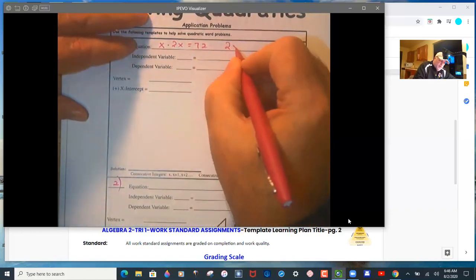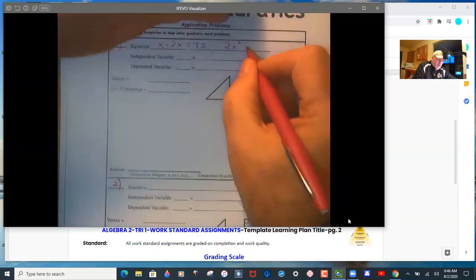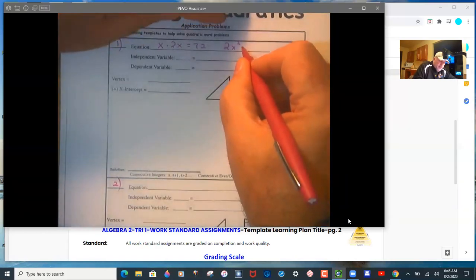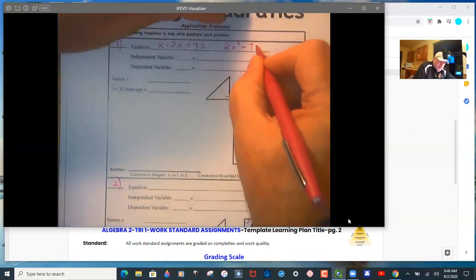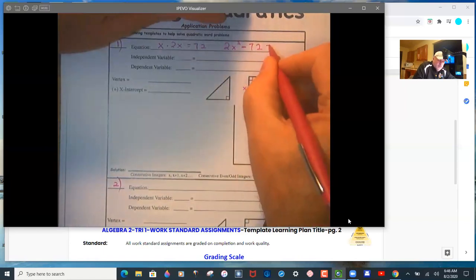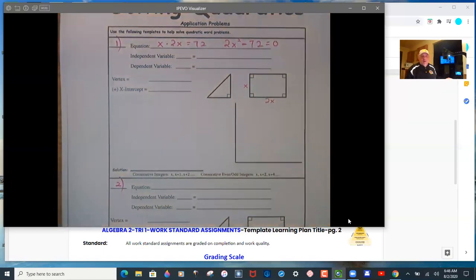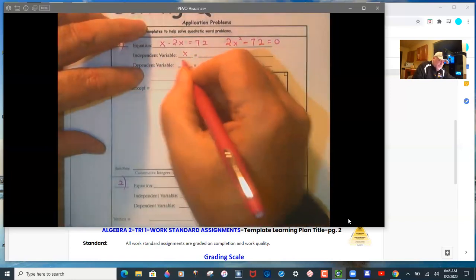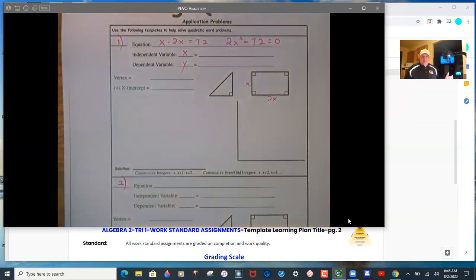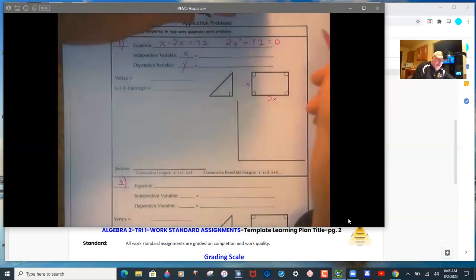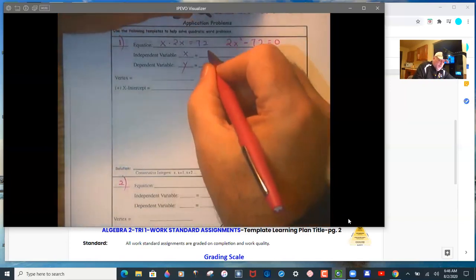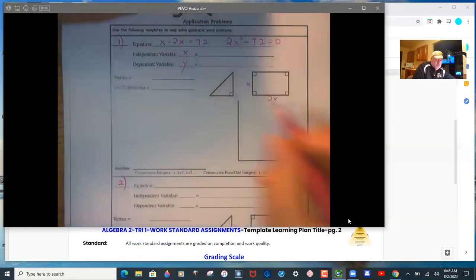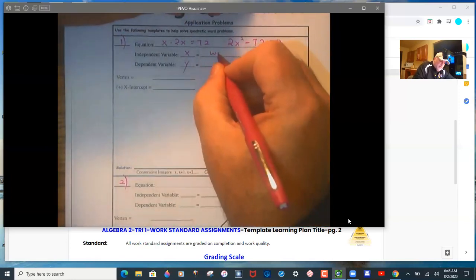Then you just take everything to one side and literally solve this equal to 0. So get our Polysimul app ready to use. You're going to need it. The x is simply the independent variable, and it's the width.